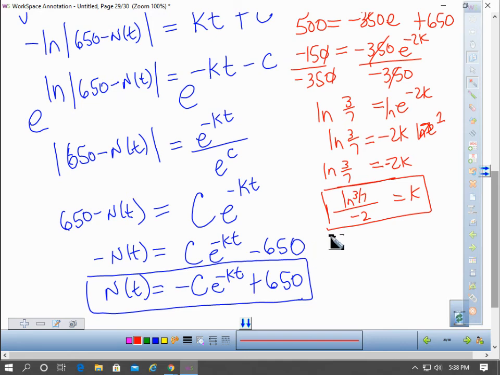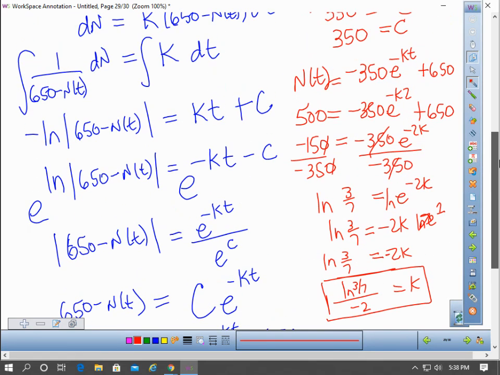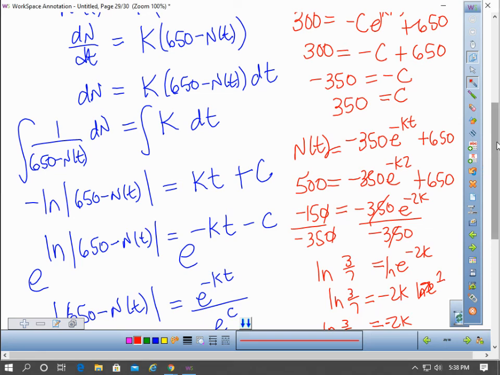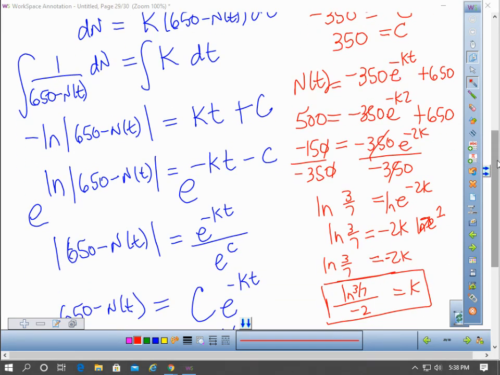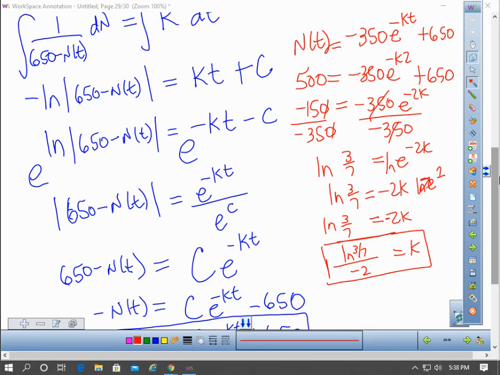All right, so now let's put in, so here's our equation right here. I'm trying to see it all on the screen at one time so I can write it. So I'm going to change my color again. So N of t is going to equal negative 350 e to the negative, and then we're putting in k.